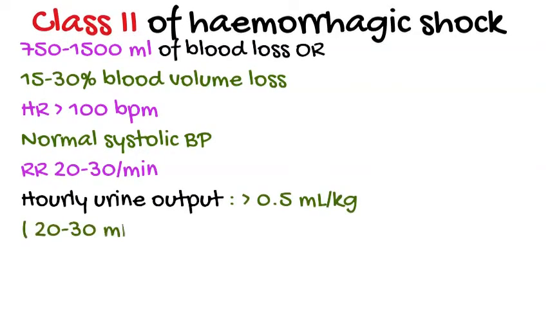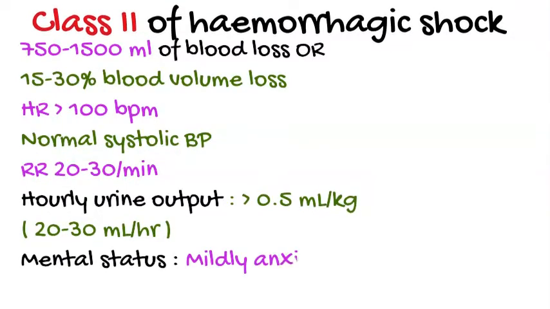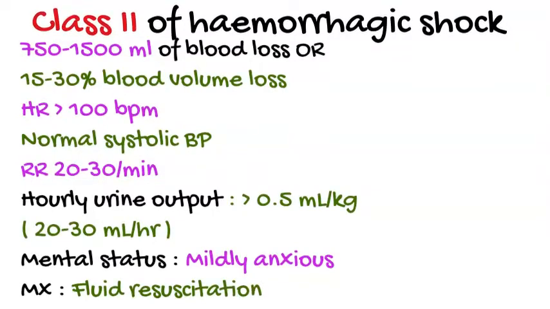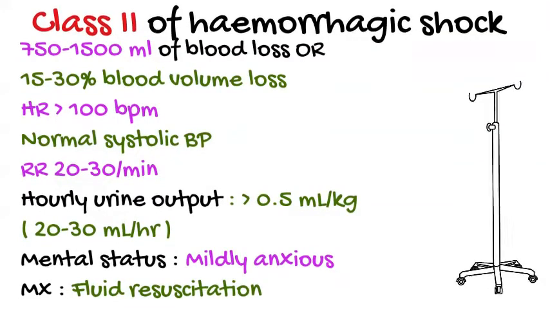The respiratory rate is around 20 to 30 per minute, with hourly urine output still more than 0.5 ml per kg, or around 20 to 30 ml per hour. The patient also would be slightly anxious. In this type 2 class of hemorrhagic shock, the management includes fluid resuscitation.